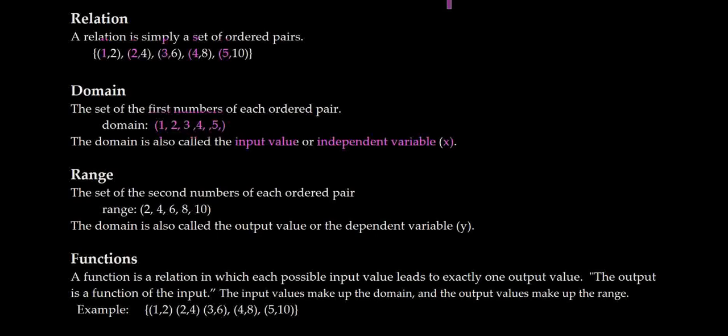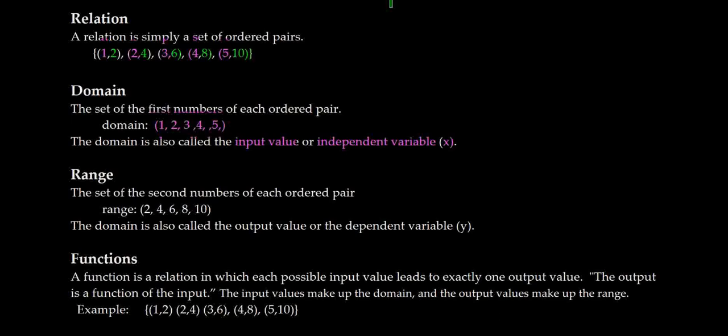Next is the range. The range is the set of the second number of each ordered pair. As you can see in the above example, 2 is the second number of this pair. 4 is the second number of this pair. 6 is the second number of this pair. 8 is the second number of this pair.